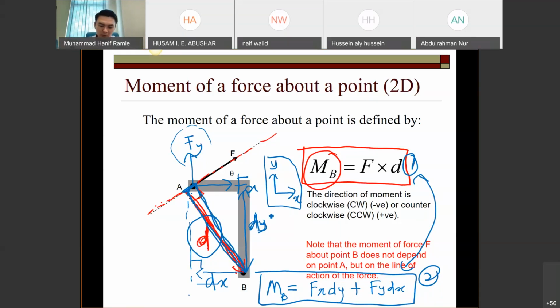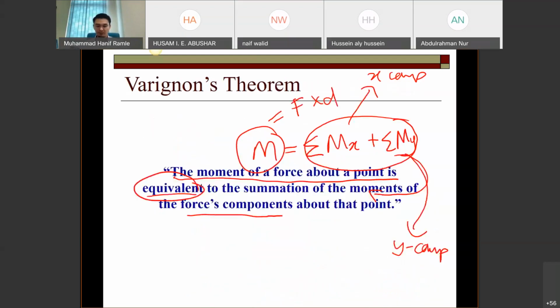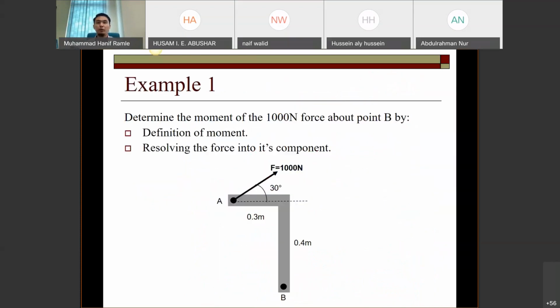So it is easier to get dy and dx straight away. You will go through the exercise later on and you will see the solution. Okay, so Varignon's theorem done. So we move to the example. Are you okay, guys?